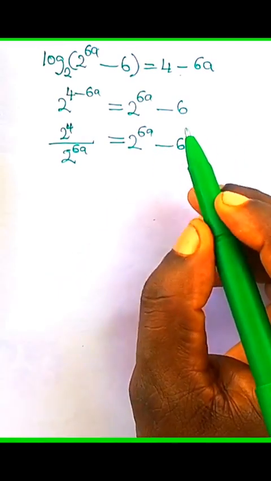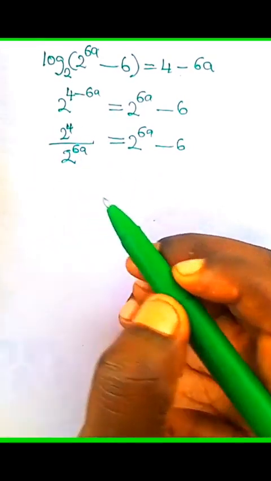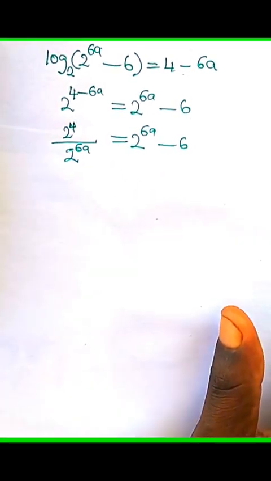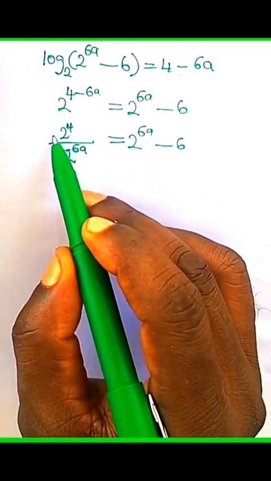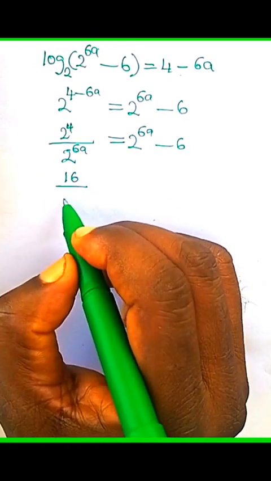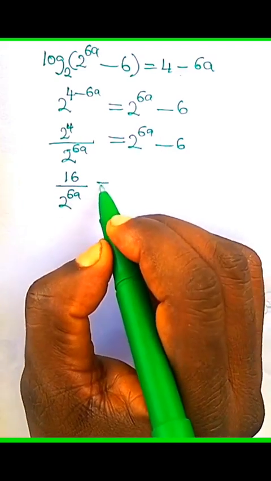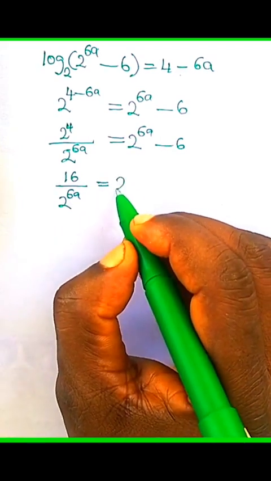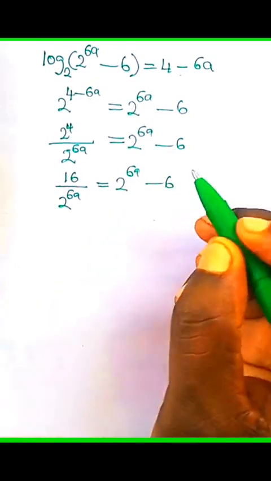Mind you, this 6 is not a power. So we'll try to make it easier by multiplying. This one is 16 over 2 raised to the power 6a equals 2 to the power 6a minus 6.